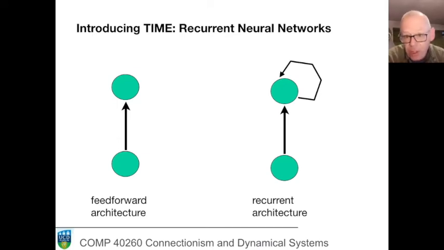Now, we've seen some recurrent neural networks in the interactive activation system, for example, and there are many architectures around. They were always there with neural networks, but when backpropagation caught on in 1986, recurrent architectures were viewed as being very difficult to train.